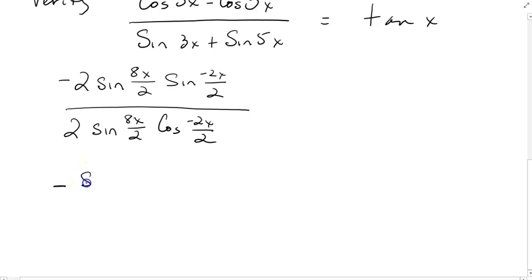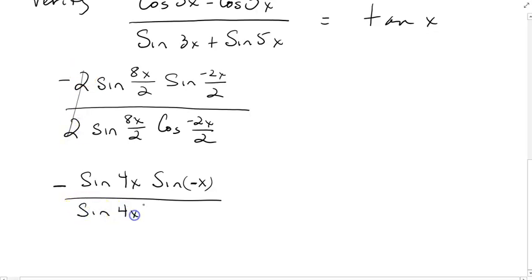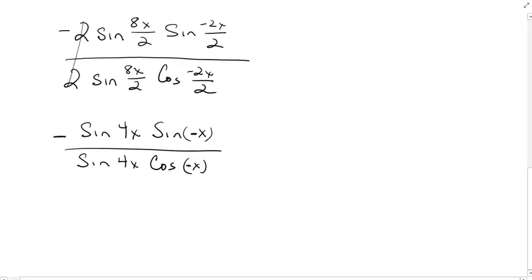And I have sine 4x, sine of negative x, right? Negative 2x over 2. The 2's canceled, so I have sine 4x cosine negative x.